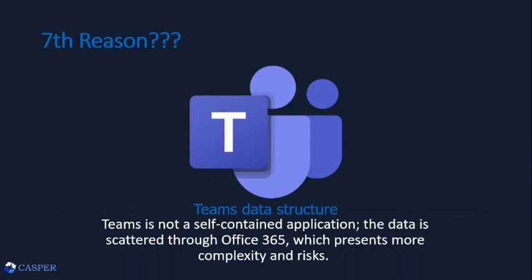There's no one place where you can say, this is all the data that has to do with Microsoft Teams, because you have SharePoint, you have your normal Outlook emails, and you might also be making use of OneDrive in your organization. There are different places where Teams data could end up, and different places where you could also get data to use in Teams. So there's more complexity when it comes to managing Teams data efficiently.